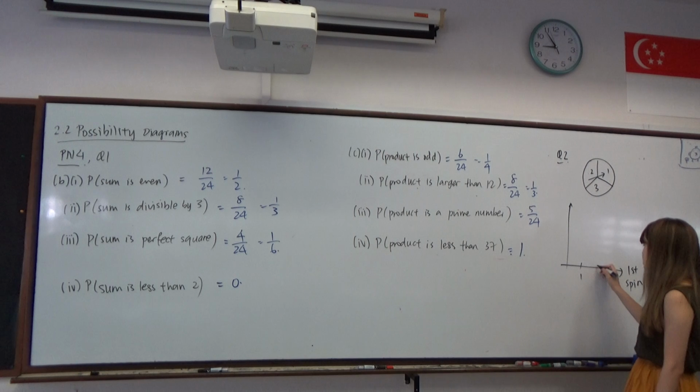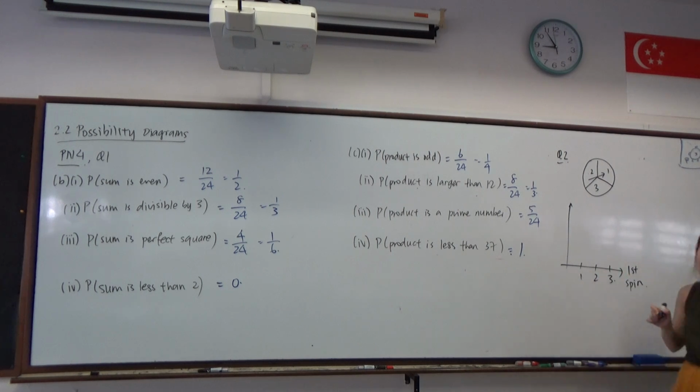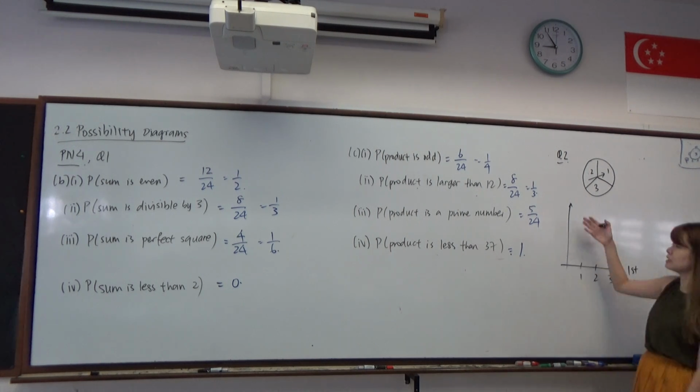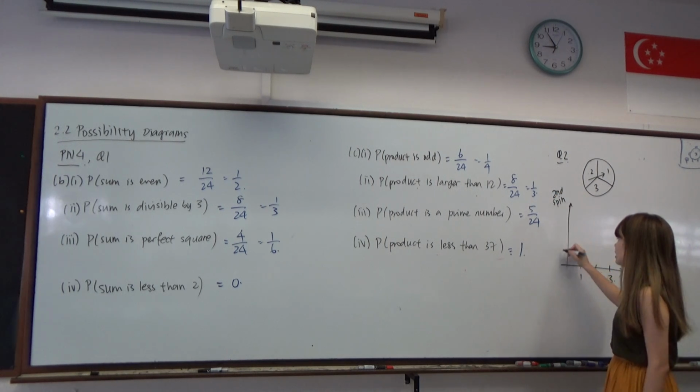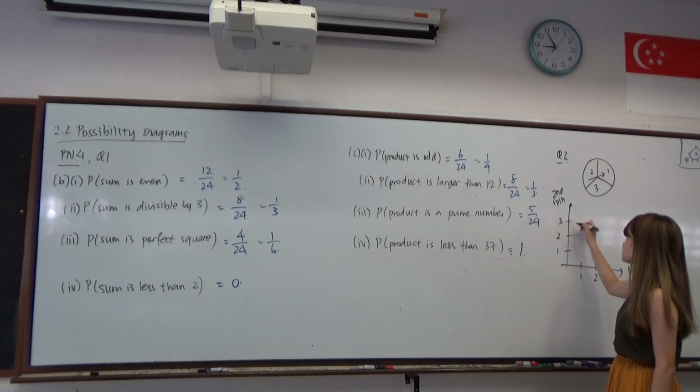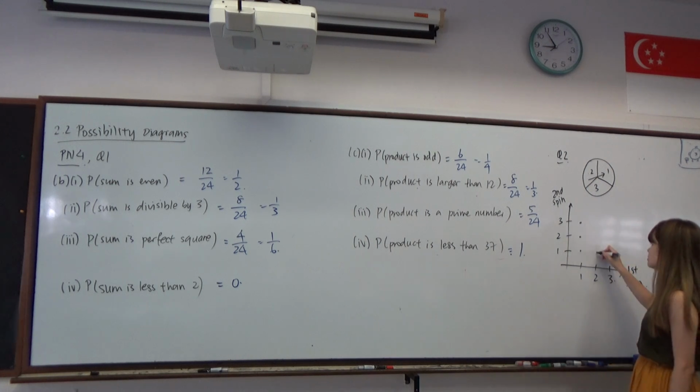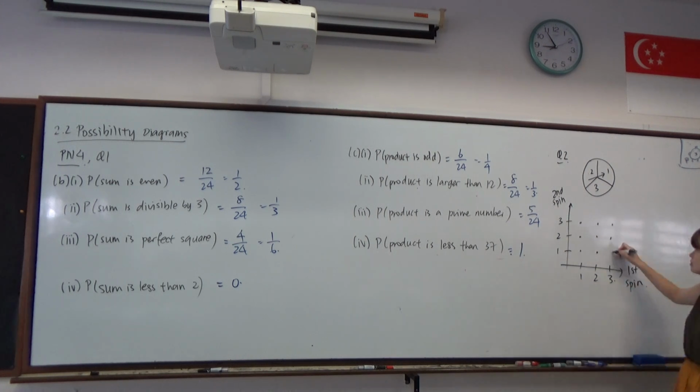Okay, 1, 2, 3. And then after that, on the vertical axis, you would have second spin, and then 1, 2, 3 as well. So you have this possibility diagram.